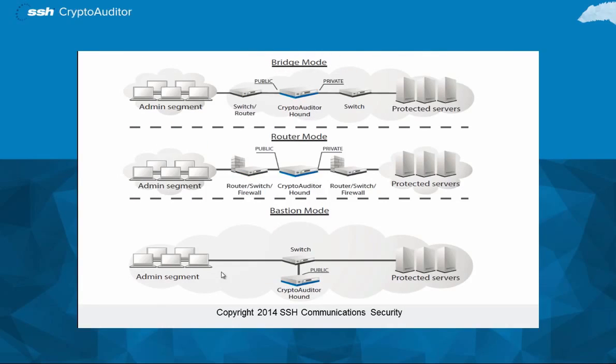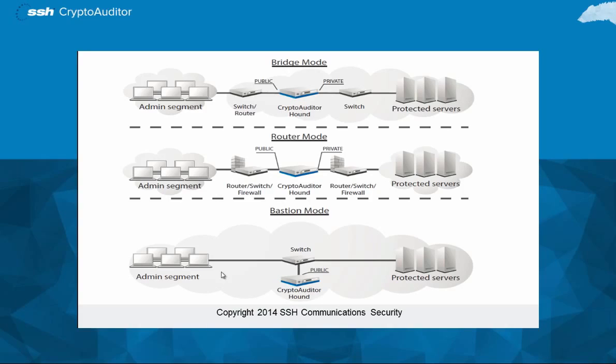Hounds capture the traffic for auditing and control purposes. There are 3 operation modes that allow hounds to imitate various network devices for transparency and flexibility. The 3 modes are Bridge, Router, and Bastion. A CryptoAuditor deployment can, and in most cases does, consist of one vault with multiple hounds, which in turn can be configured for high availability.